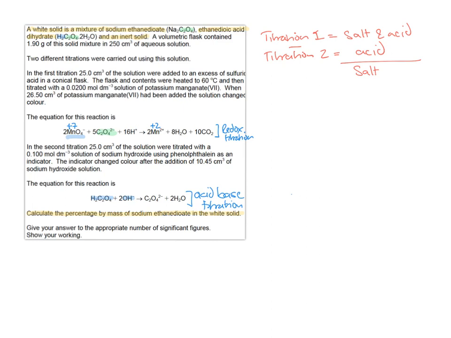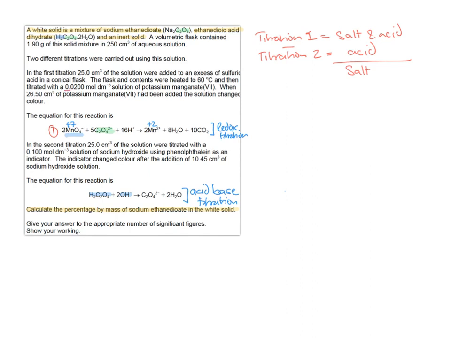So let's look at titration 1 first. We're given a concentration for the potassium manganate(VII), and we're given a volume, so we can work out moles.